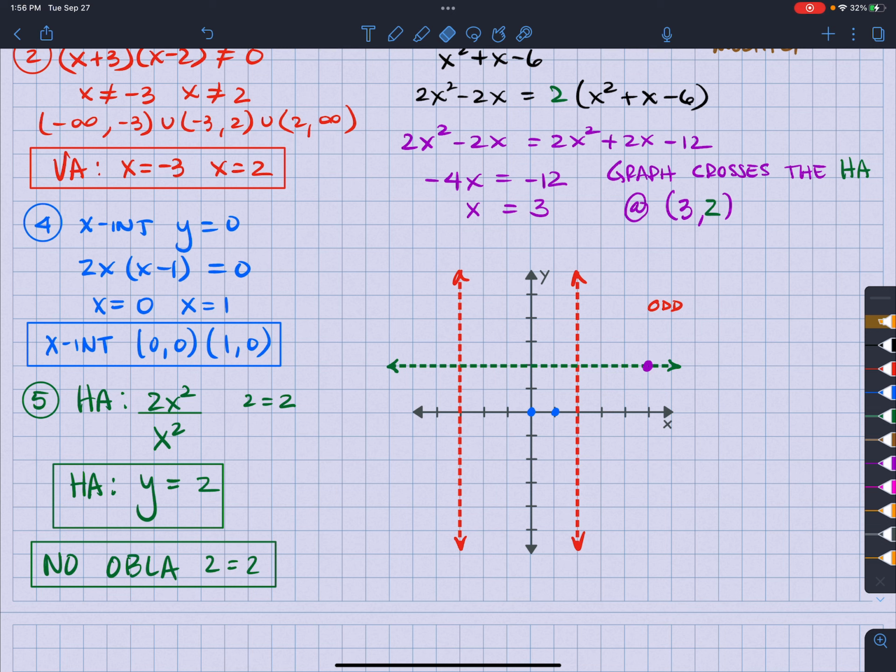Let me see. Because it's got to cross here, so is it going to go this way, or is it going to go this way? And if it goes this way, that means this has to come up this way. And if it goes this way, that means it's got to go that way, which means this has to go that way.